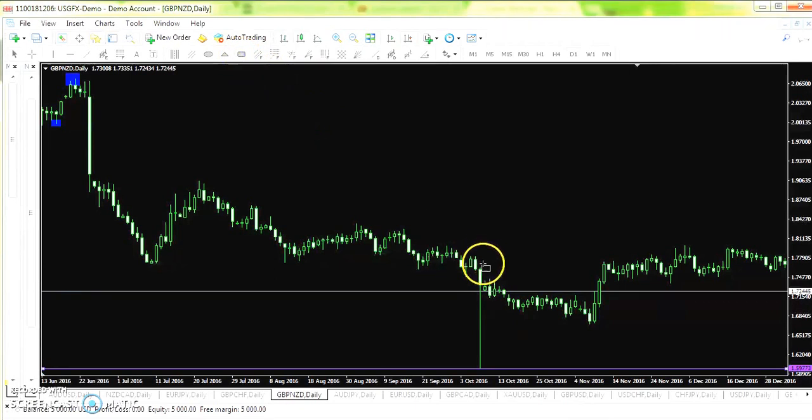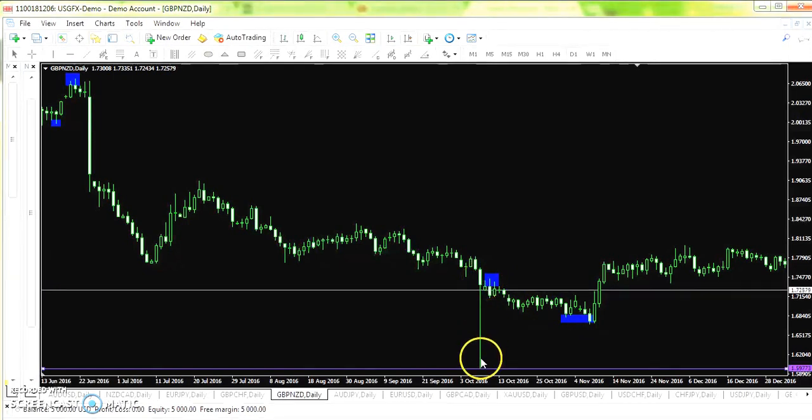After this lower high, it has posted this lower low, lower high, and again this is not a lower high, this is a higher low, right? So if you find this situation in a sell trend, you don't have lower high and lower low.